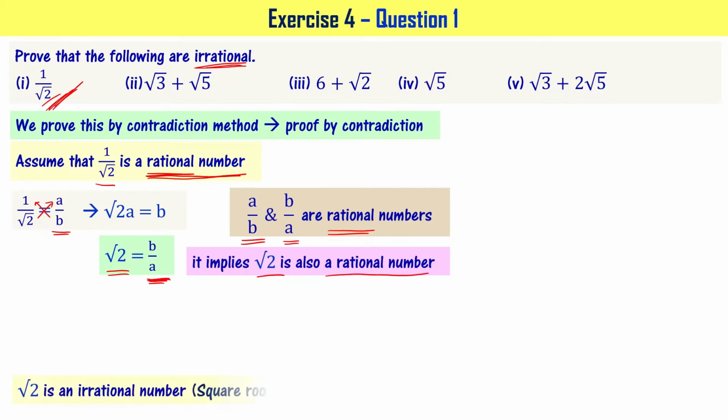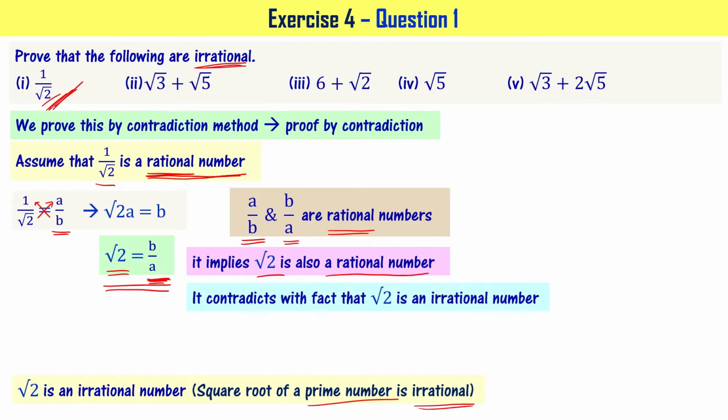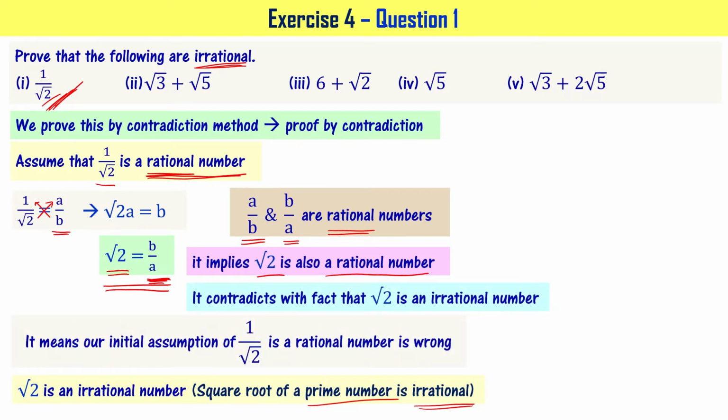But we know that root 2 is an irrational number, right? We have learned that square root of a prime number is irrational. Whereas this particular equation says that root 2 is also a rational number. This all happens because we initially made an assumption that 1 by root 2 is a rational number.